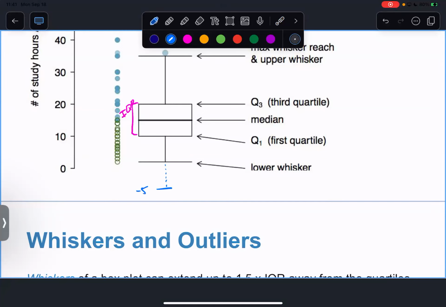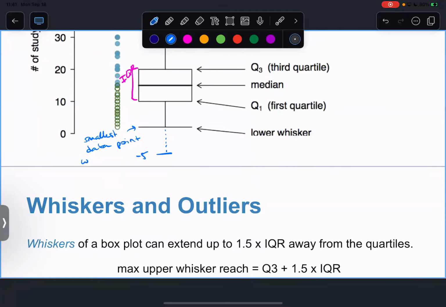And so this must be the smallest data point within the lower bound or the lower whisker bound.